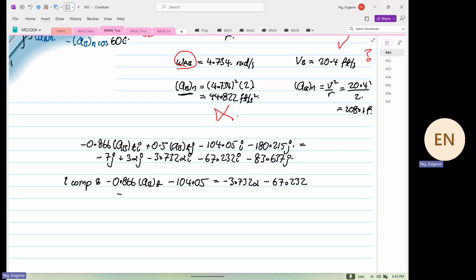So from here, minus 0.866 ABT will be equal to minus 3.732 alpha plus 104.05 minus 67.232, which is 36.818.